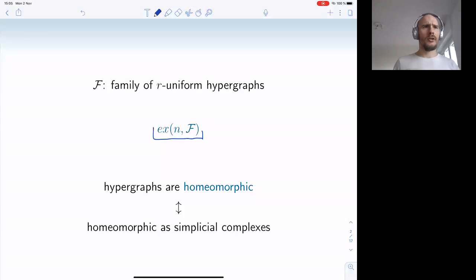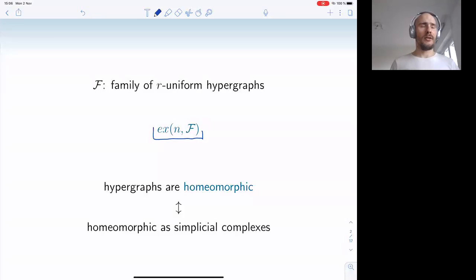We are looking at ex(n, F), where F is a family of r-uniform hypergraphs, say. By convention, if we are looking at a family of r-uniform hypergraphs, then we are working with an r-uniform hypergraph ourselves.